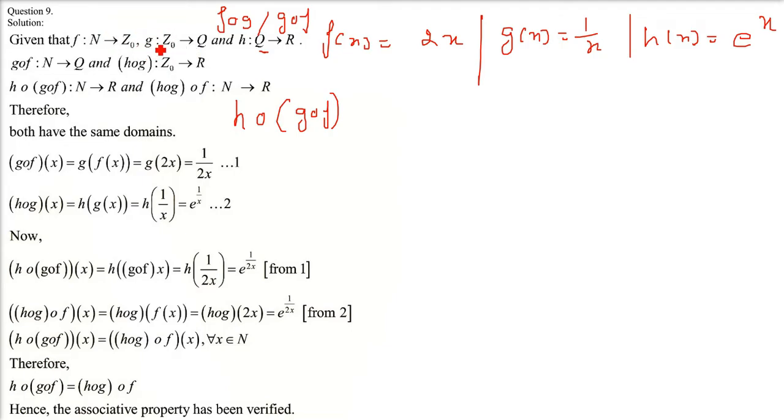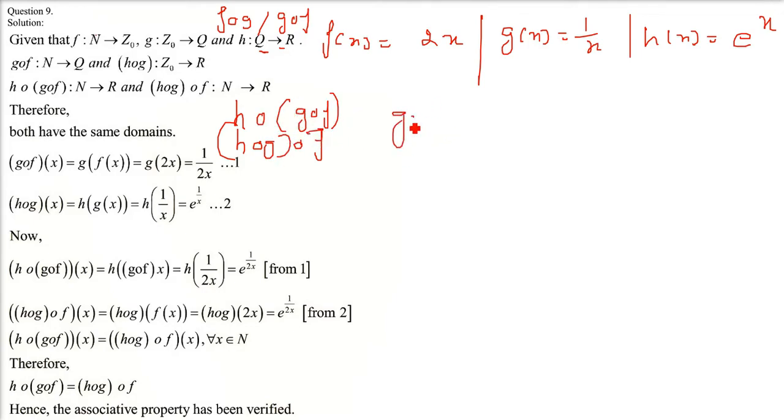Otherwise, hog first and then of. Now, first of all, the domains have to be same. This is very important. So gof we will find, and hog we will find.